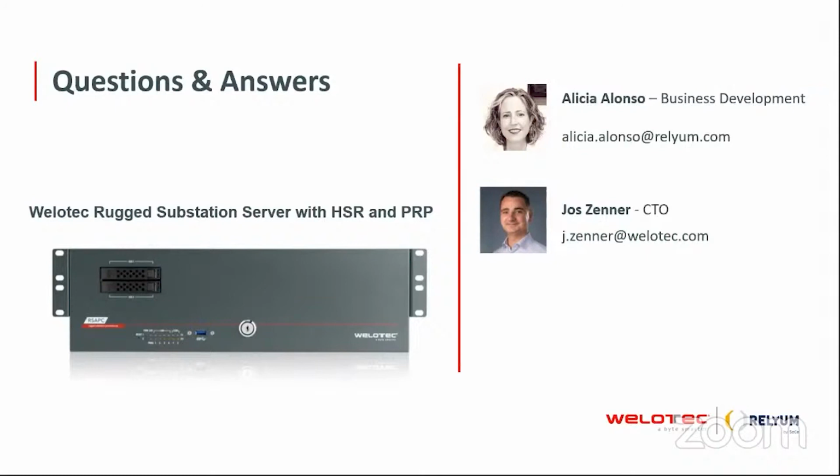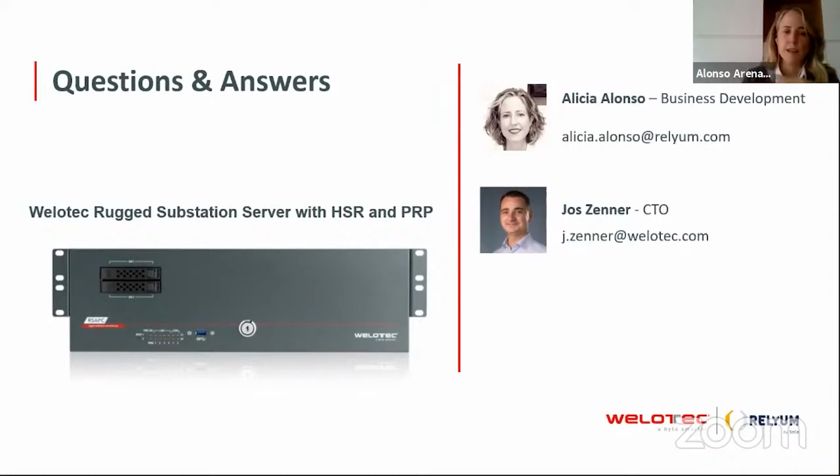Okay, and the last one, is it auto configuration, and how long does it take to be fully operational? Auto configuration in terms of, I think, when using HSR or PRP, the configuration that is needed. Well, this feature of duplicating and discarding is completely transparent for the rest of the devices.